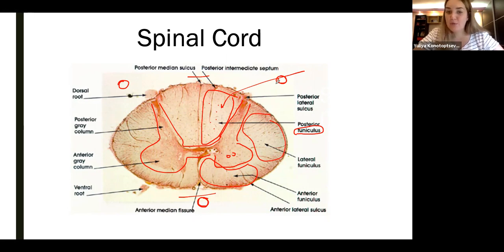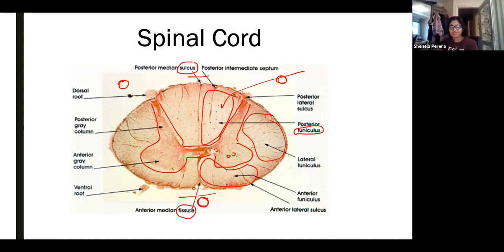Another thing that will help you to know whether you're looking at the anterior or posterior side is whether you can find the sulcus or the fissure. Could you quickly tell me what's the difference between sulcus and fissure? Sulcus is like a groove, while fissure is like sort of an opening. Very good.